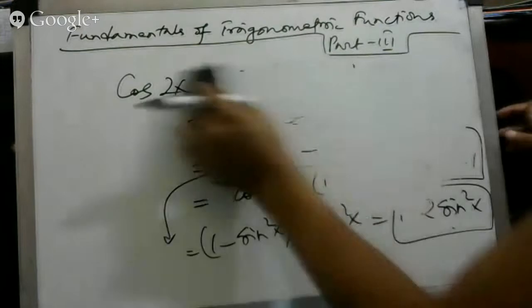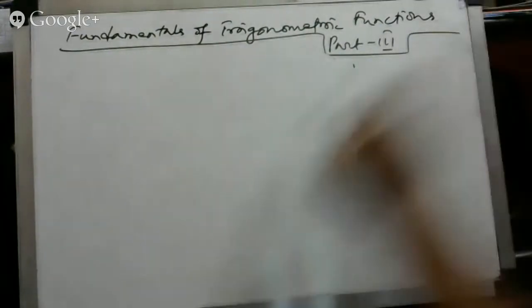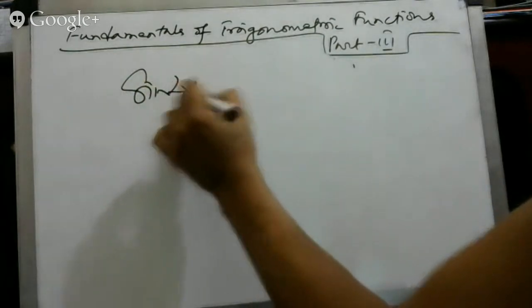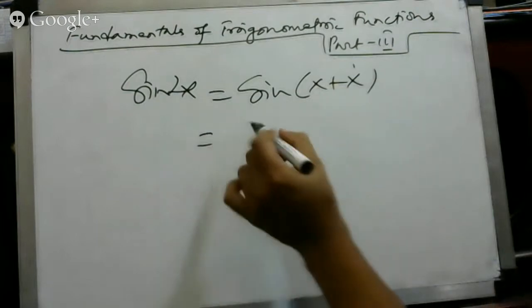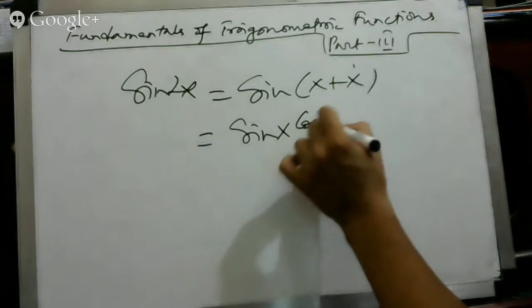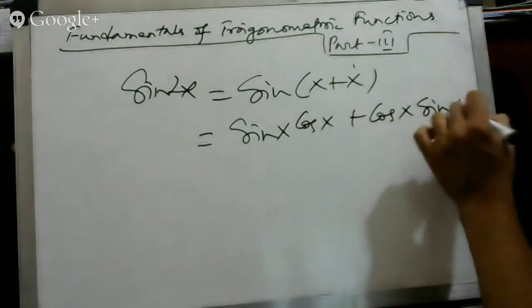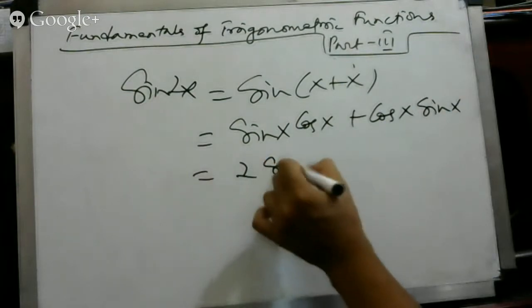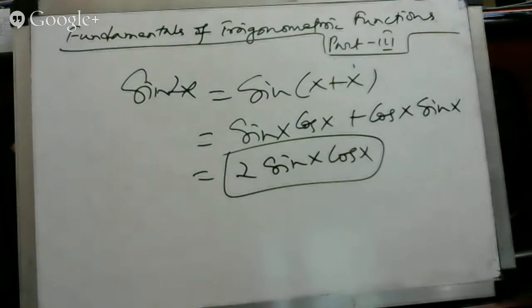Similarly, we have sin 2x, which is equal to sine of x plus x, which is sine a cos b plus cos a sine b, which is nothing but 2 sin x cos x.